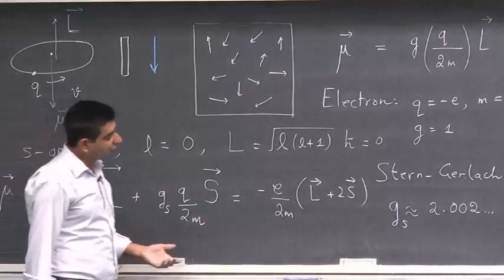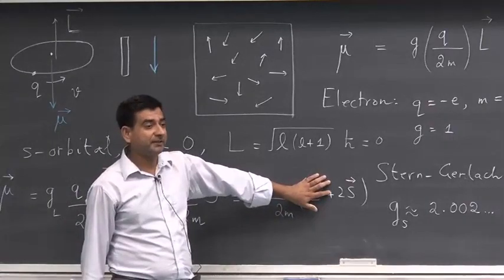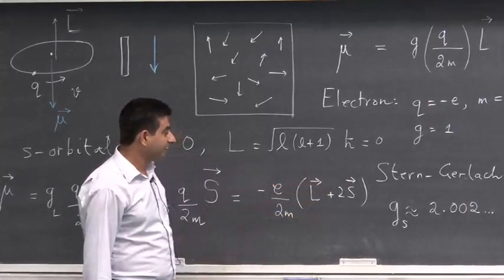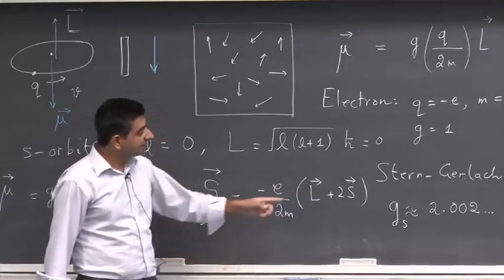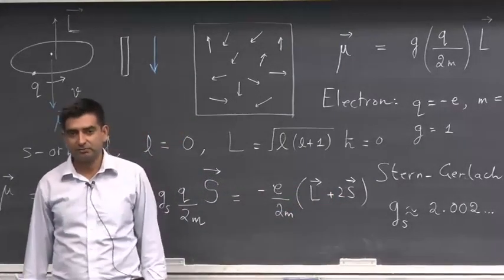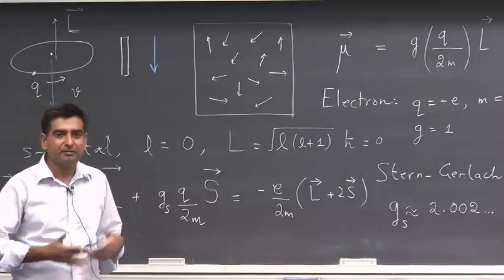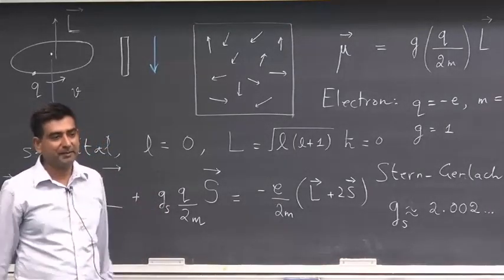If the electron has 0 orbital angular momentum, say if it's in the hydrogen atom and it's in the ground state, then the magnetic moment is purely due to the intrinsic spin of the electron. So an electron's spin gives rise to a magnetic moment.